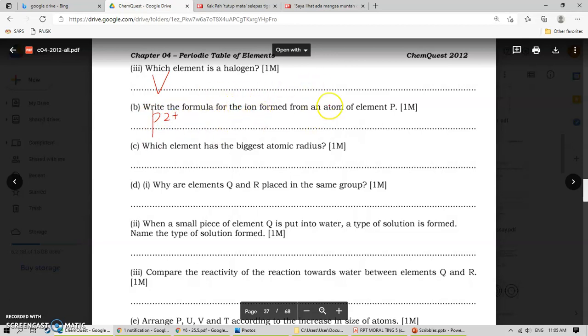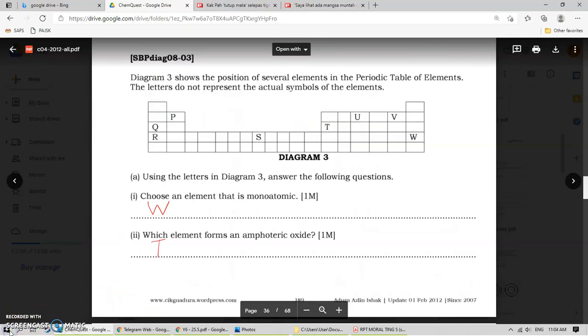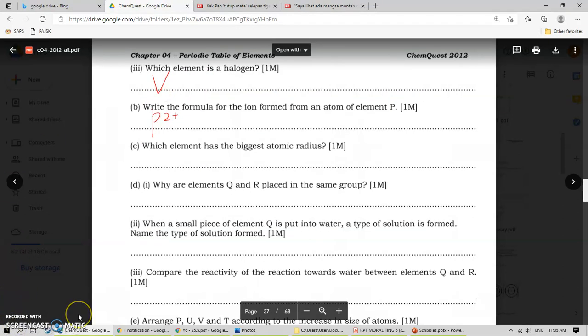Alright, if group 2, let's explain it a little bit. How many protons does an atom of element P have? Let's count. 1, 2, 3, 4. So it has 4 protons. That means the electron arrangement will be 2.2.